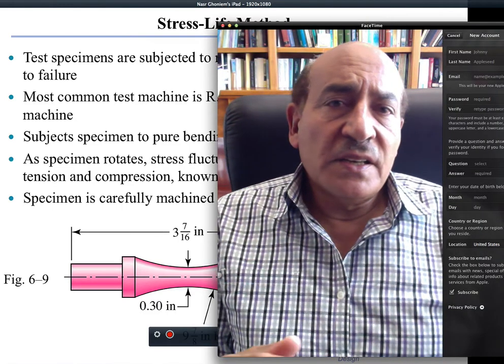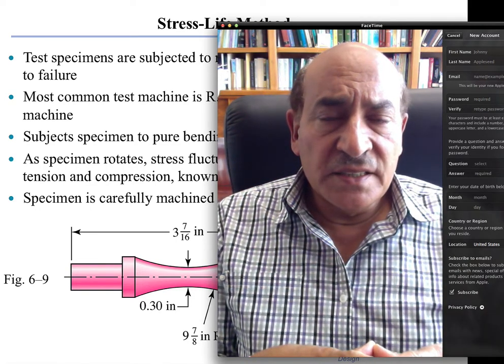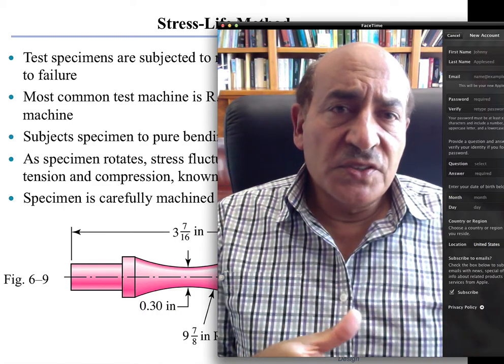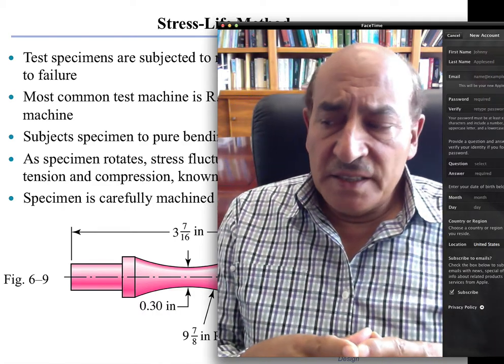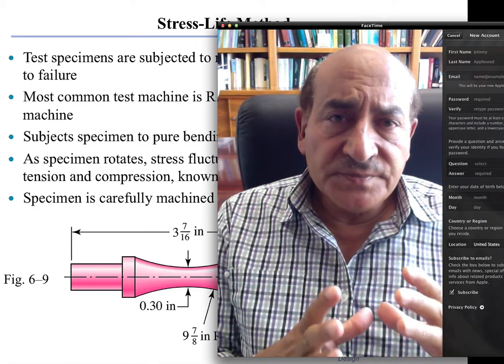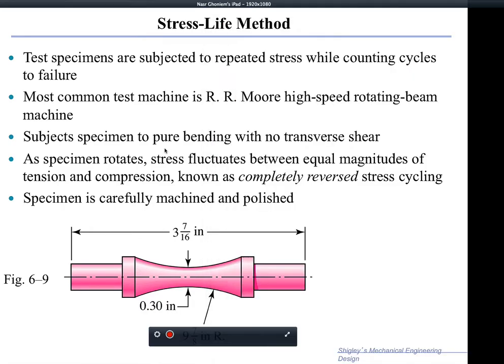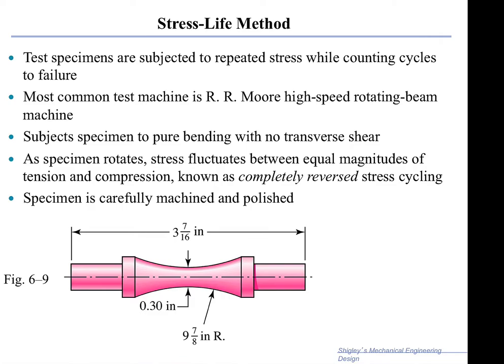So here first we will just talk a little bit about how fatigue data is collected, since we're going to use some of this data later. So in this case, I will describe the stress life method, and the stress life method will use a sample based on an idea developed by an engineer, whose name is Moore.